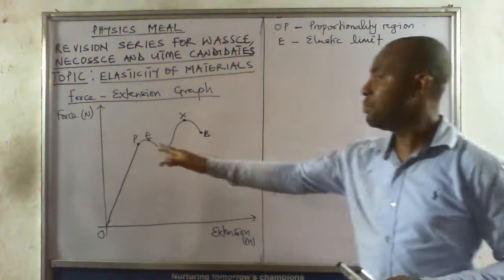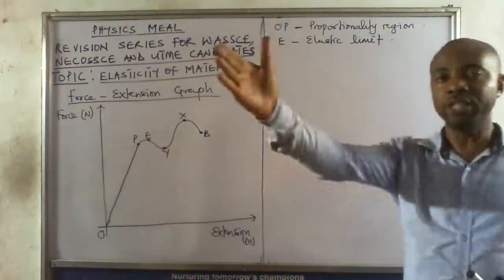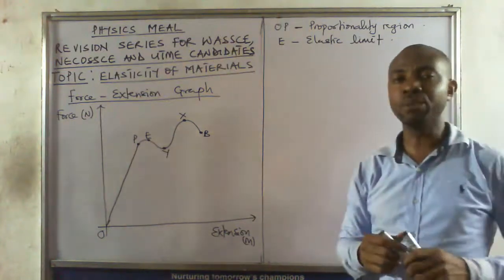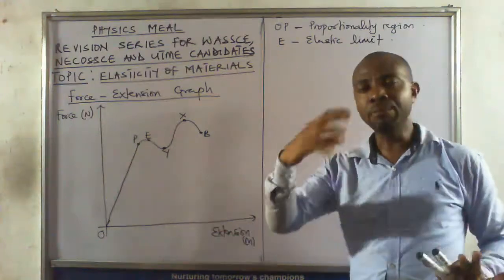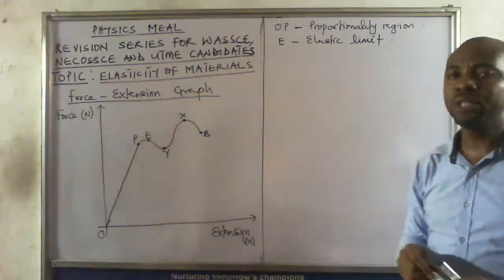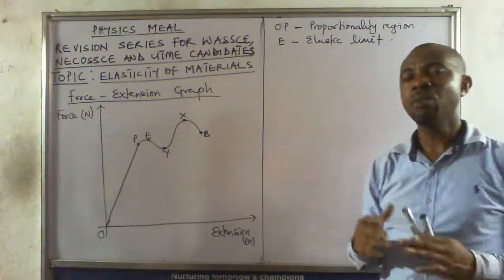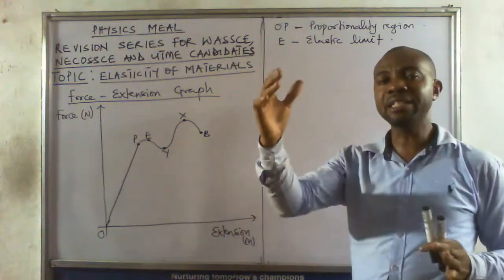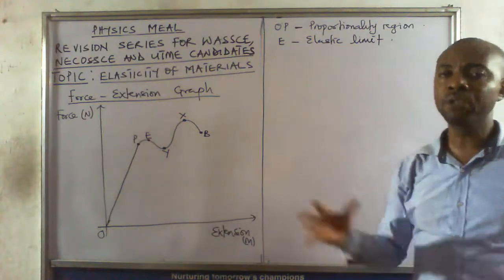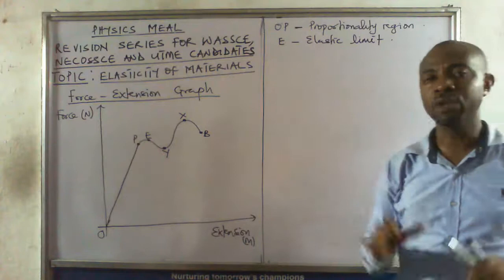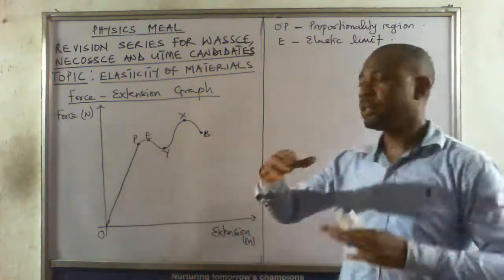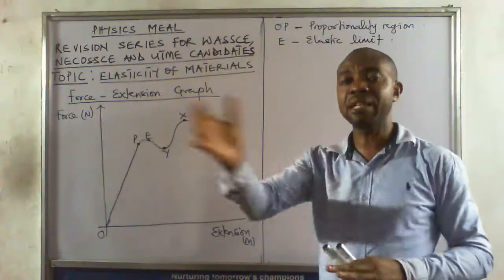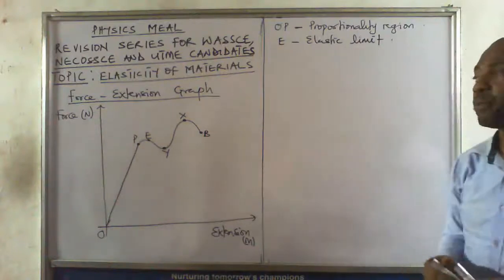The elastic limit is a point beyond which the material will cease to be elastic. What it means is that after the elastic limit, the material will not be able to return to its original shape.